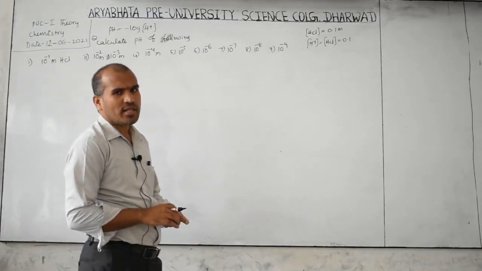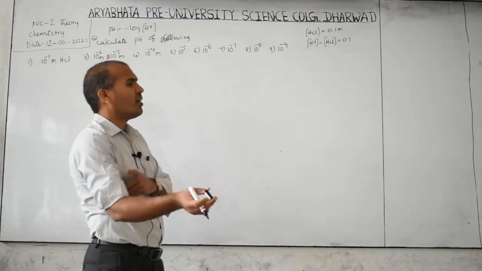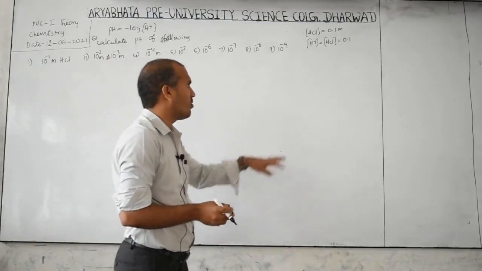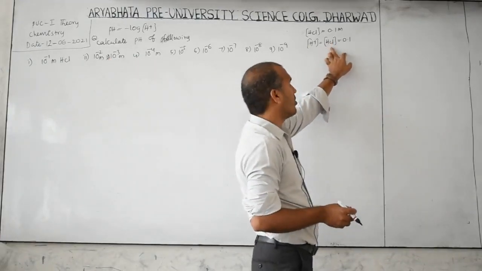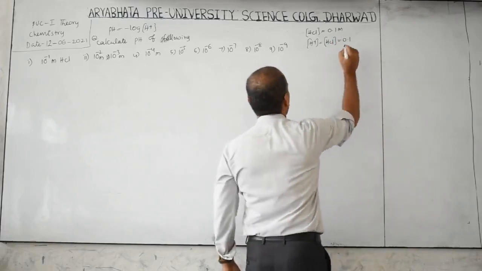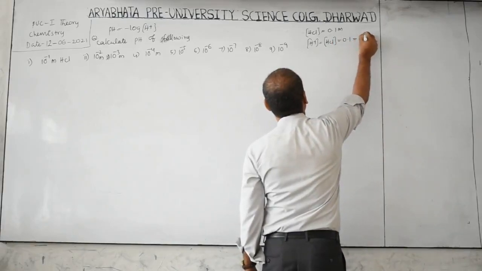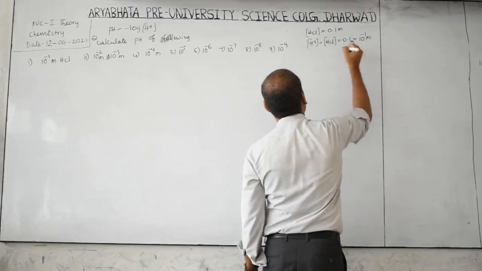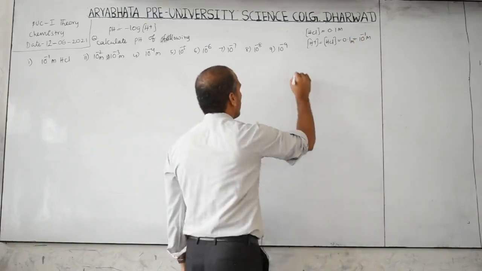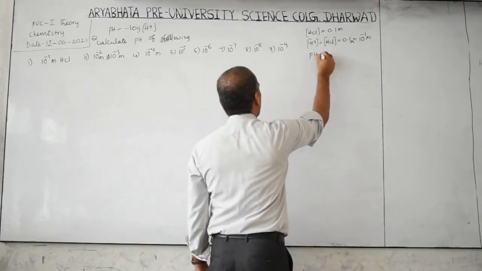At any concentration they will completely ionize. Therefore H plus ion concentration is equal to HCl concentration. This can be represented as 10 power minus 1 M. Clear?